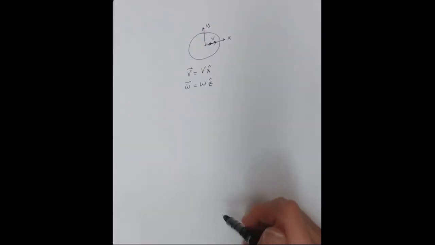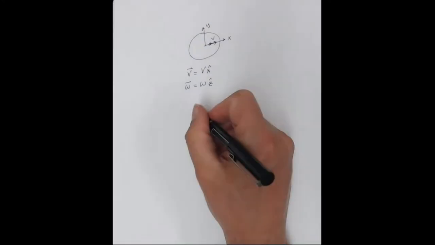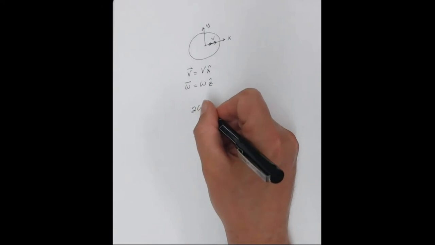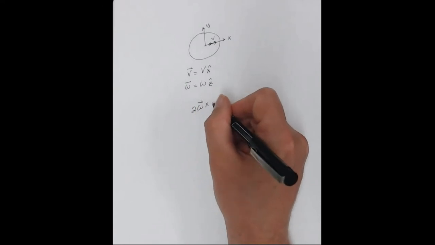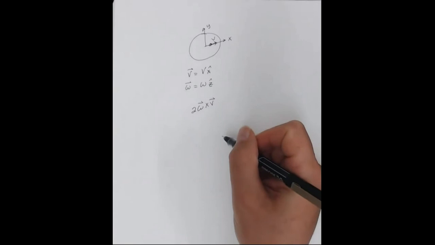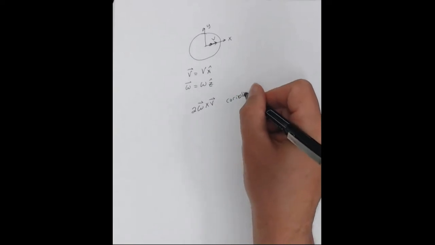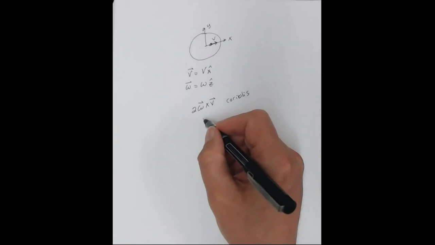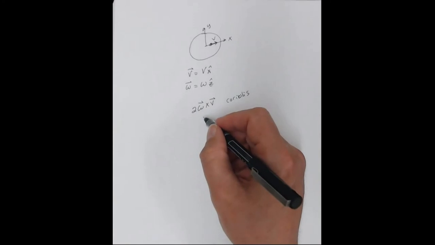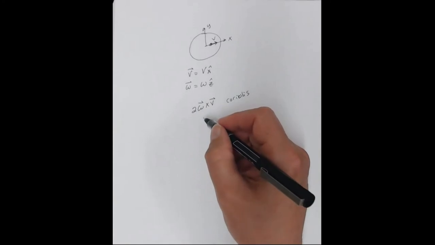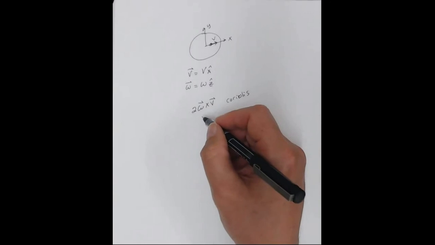So we need to find the magnitude of the Coriolis and we need the centrifugal.